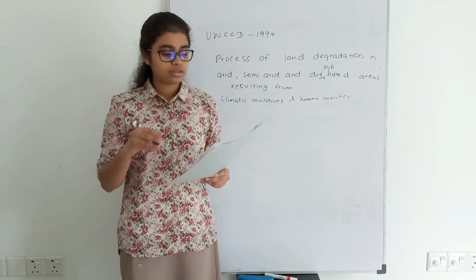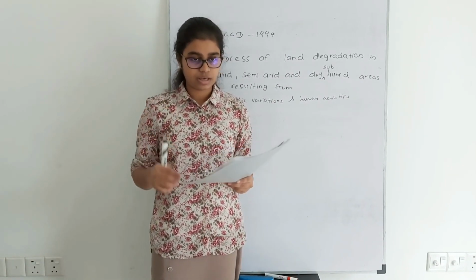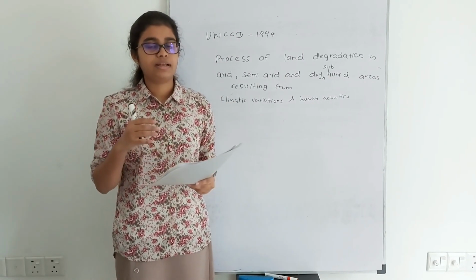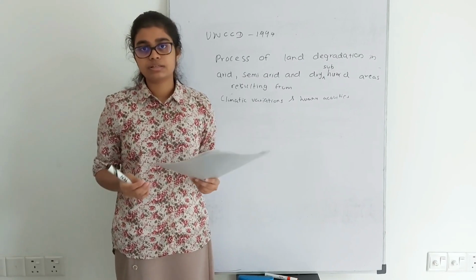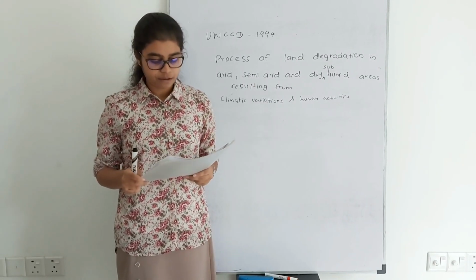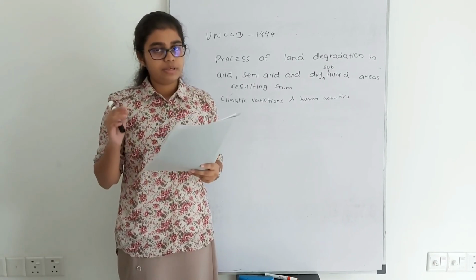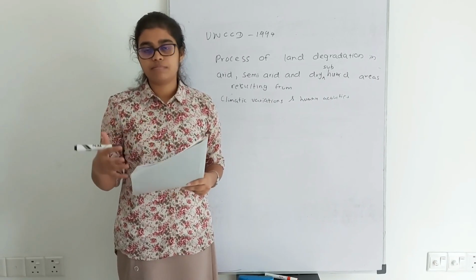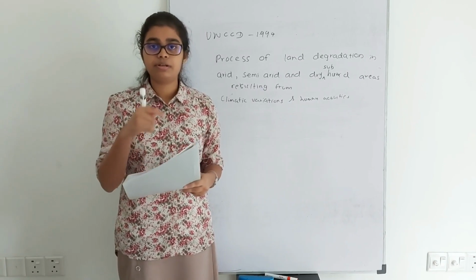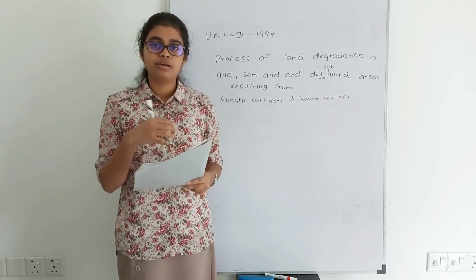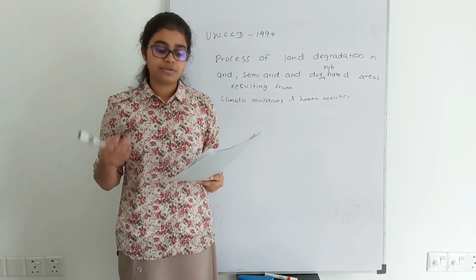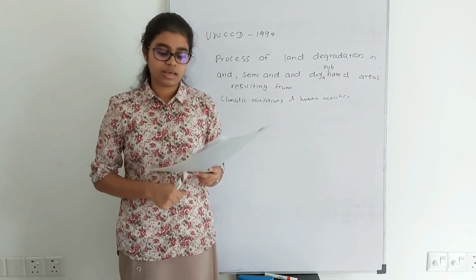Because of desertification, agricultural activities are reduced, and because of that, humans as well as animals may face a scarcity of food. The people living in the areas affected by desertification may face serious health problems because of droughts and land degradation.